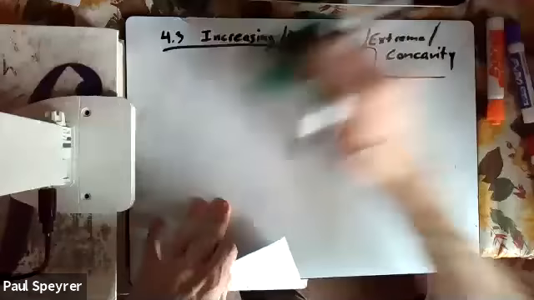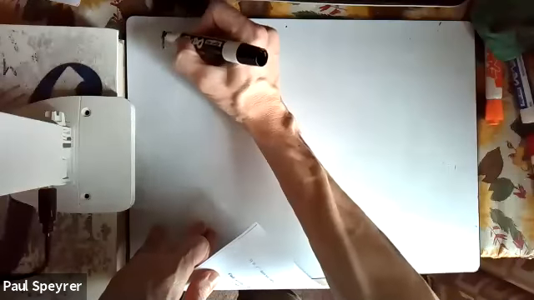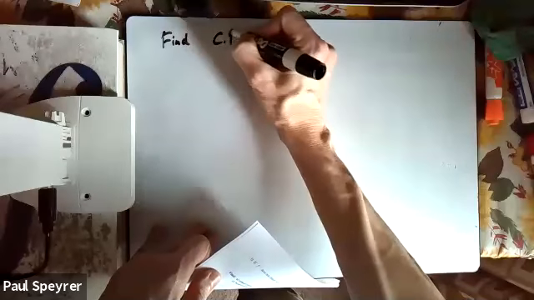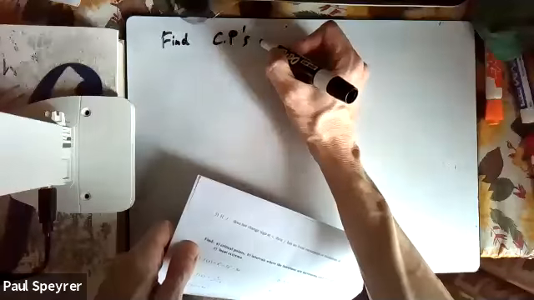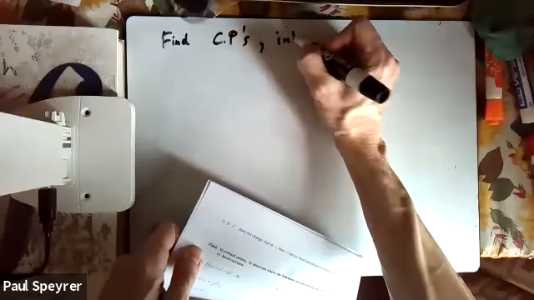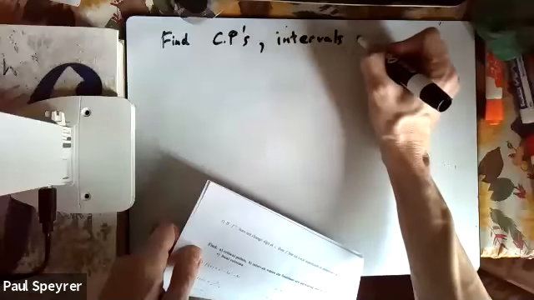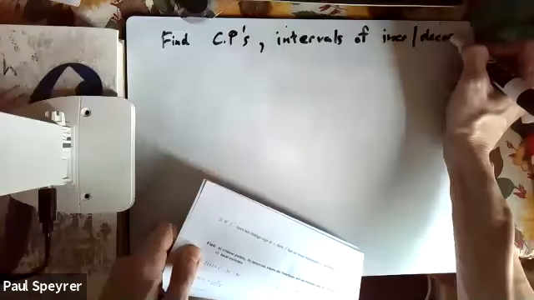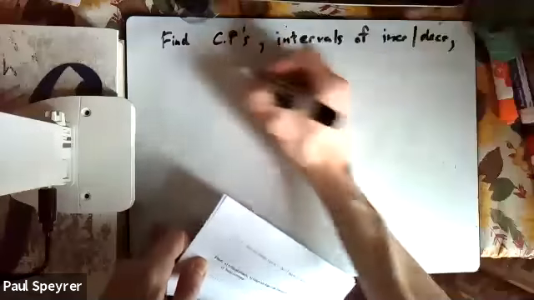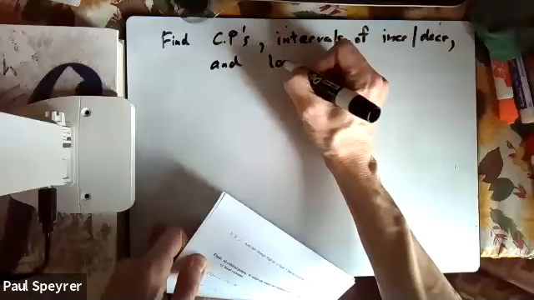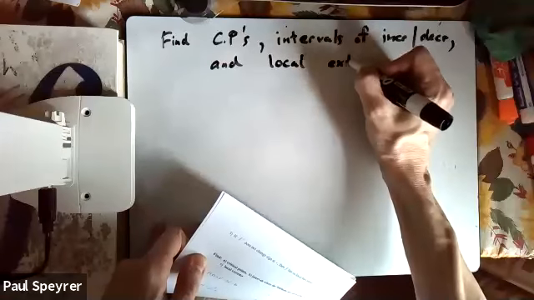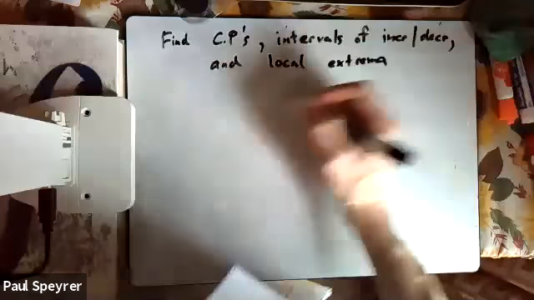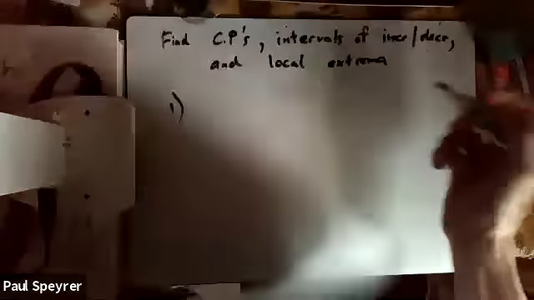So for these problems right here, what we want to find is the critical points, the intervals where it's increasing and decreasing, and local extrema if they do exist, okay? So these are coming right from here. See that? Again, on that handout.